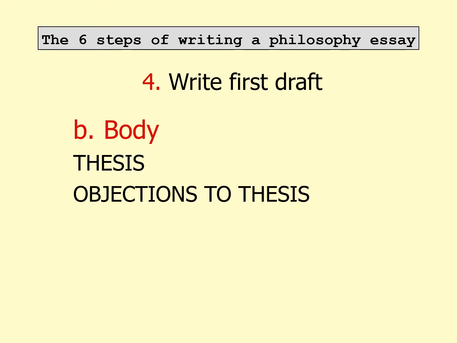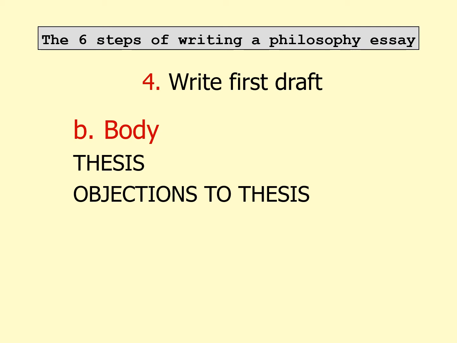I chose this basic form as consisting of a repeatable pattern of thesis and objection to thesis, because some of you might find it easier to remember. Usually, the longer the essay, the more this pattern will be repeated. Some very short essays might consist of just the thesis and objection to it, or objections to it.